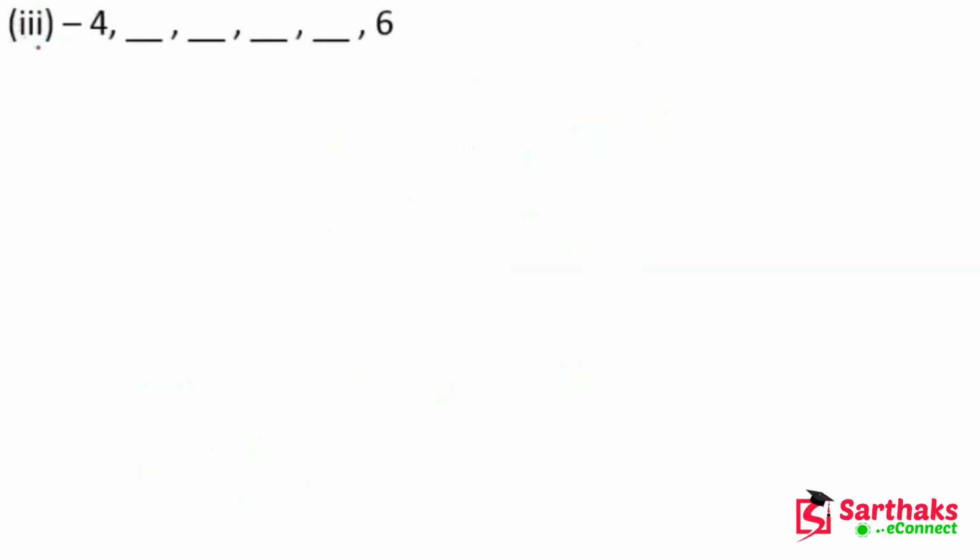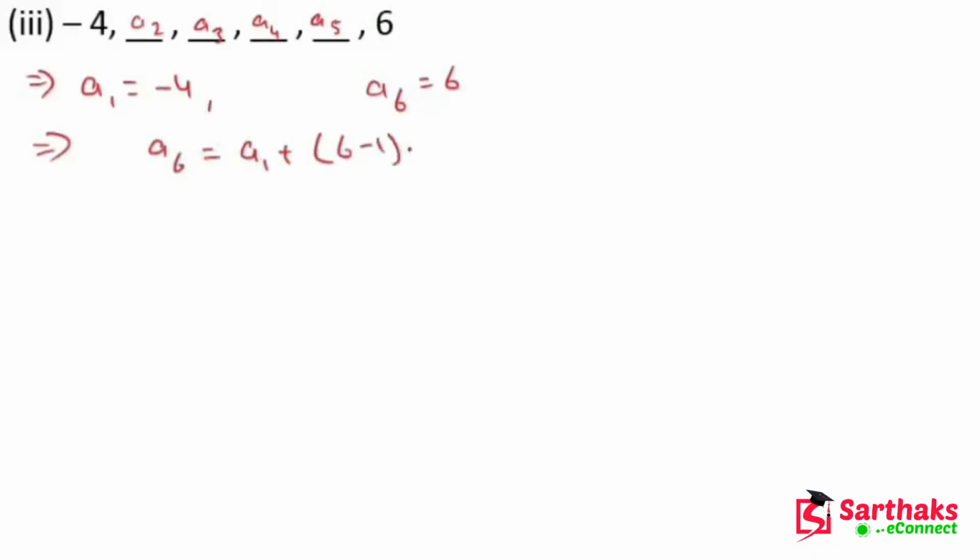Now in this question, we know the value of a1 is -4, and the terms are a1, a2, a3, a4, a5, and a6, and we know a6 is 6. So in this case we can write a6 is a1 plus 6 minus 1 into d. Now a6 is exactly 6 and a1 is -4 plus 5d.